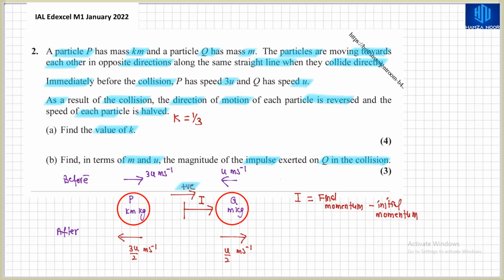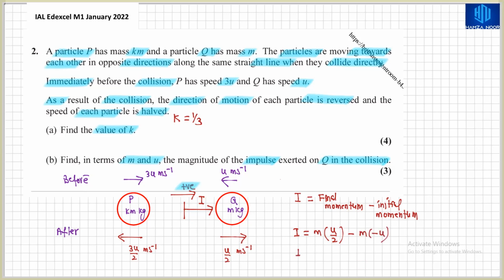Impulse will be equal to, we are only considering the momentum of the particle Q. Since I've taken the right hand side direction to be positive, the final momentum will be m multiplied by u over 2, and then subtract the initial momentum, which is m multiplied by minus u.